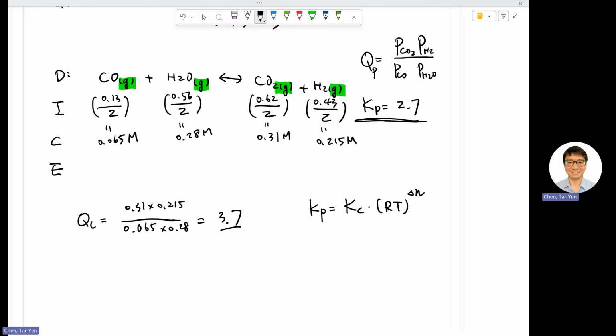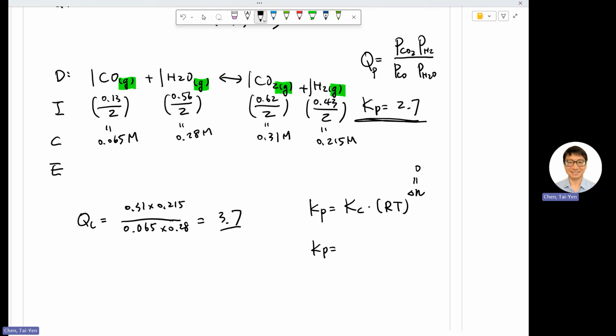So if you look at the product side, how many gas molecules do you have? It is 2, right? And on the reactant side it is also 2. Therefore, you know your delta n is equal to 0 in this case.